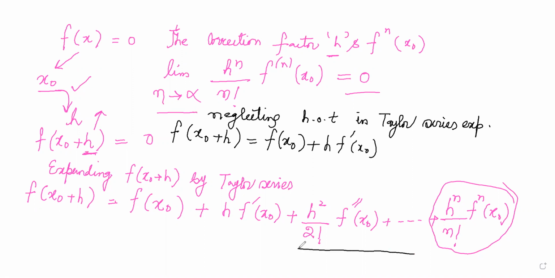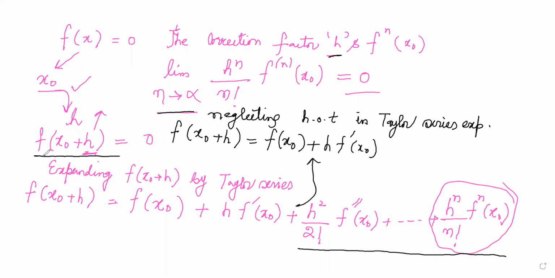We neglect all the higher order terms because we are selecting our h in such a way that, in the limit n approaching infinity, the higher order terms approximate to 0. Therefore, f of x naught plus h is equal to f of x naught plus h times f prime x naught.